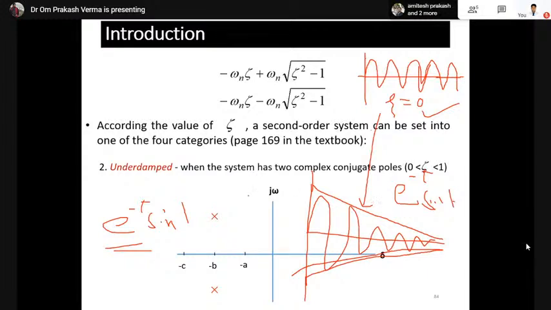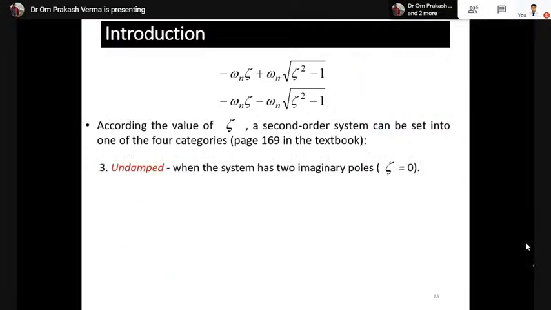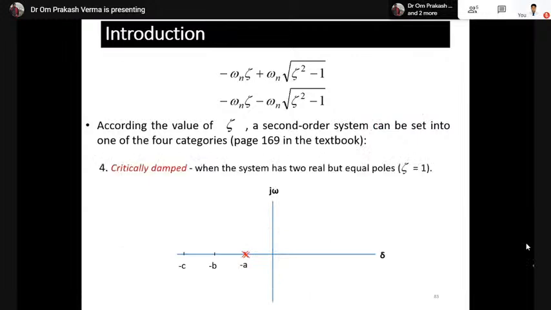Now see what happens when zeta is taken as exactly 1. So this is the third case, critically damped. Critically damped means zeta equals 1. Again we have taken the same case, omega n equals 1 and zeta equals 1, so s square plus 2s plus 1 becomes 1 upon s plus 1 whole square.